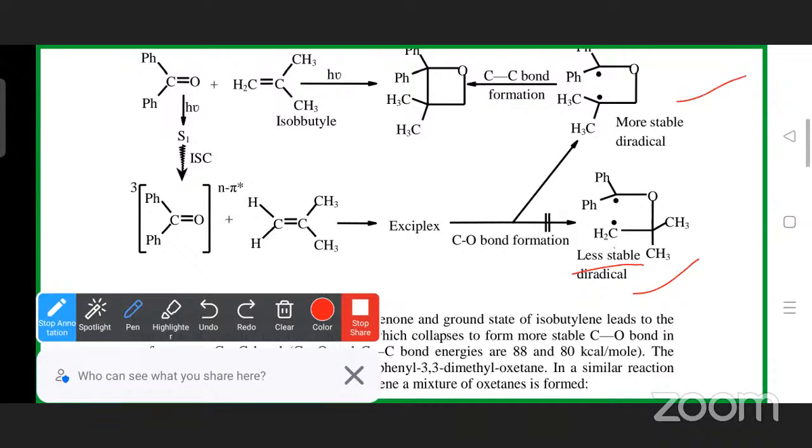If the isopropyl radical, right, radical, right? So the CO bond formation, right? CO bond formation.